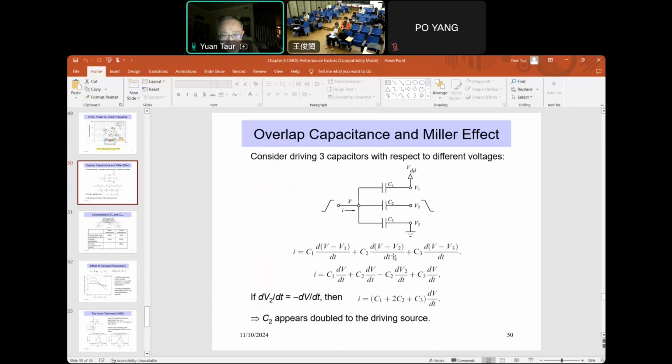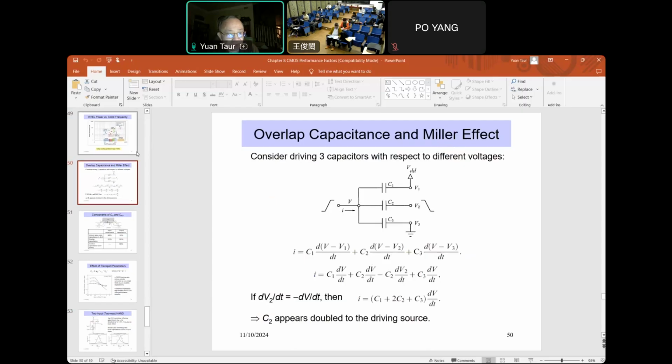But V2 is different, because V2 is going down with about the same slope, so dV2/dt is negative. Going down with the same slope as going up, C2 is multiplied by a factor of 2, because the other side is going down while you try to pull it up. So you need twice the current, 2C2. This effect is the so-called Miller effect.